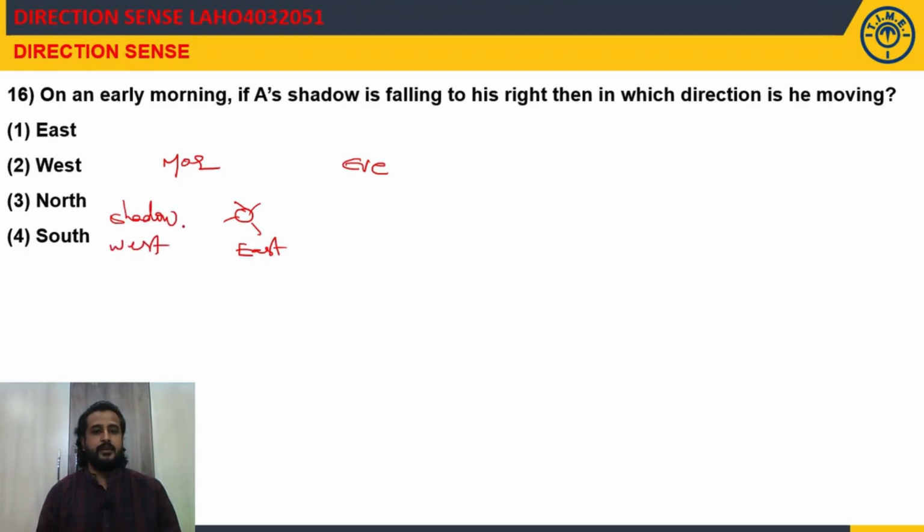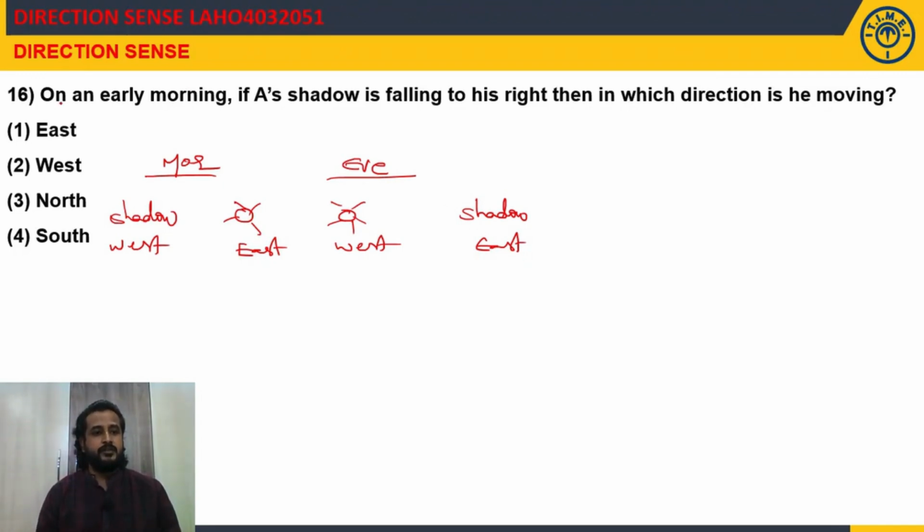Evening, sun will be in the west, opposite to sun, shadow is east.